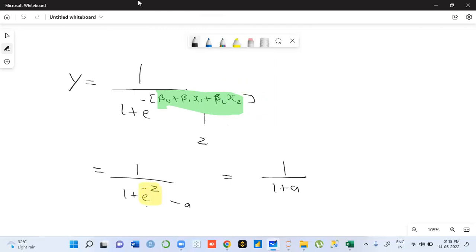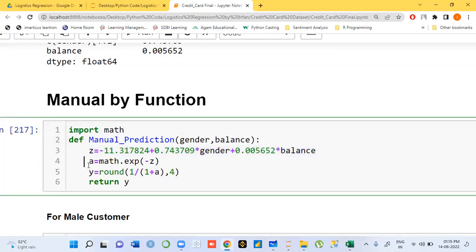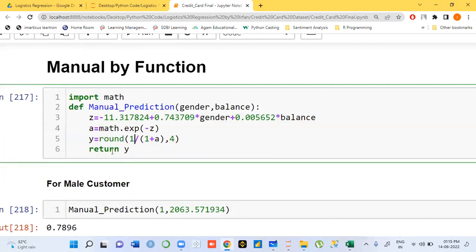And this entire thing I've given as Y. Can you see? 1/(1 plus A) will give me the answer as Y. I just made a manual function.